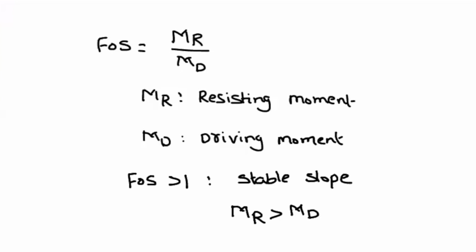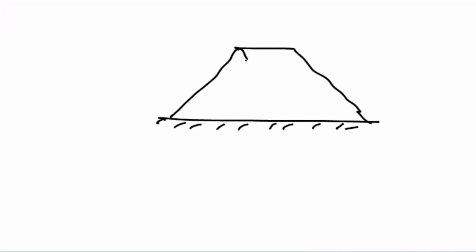Next, let us say this is the soil that is going to fail. This part of the soil is going to fail, and let us assume this is some point of rotation.